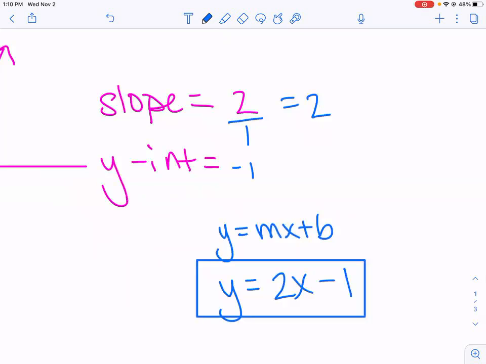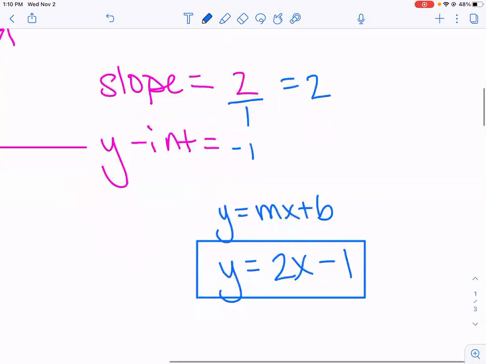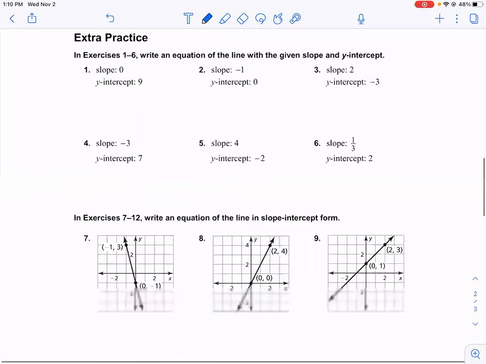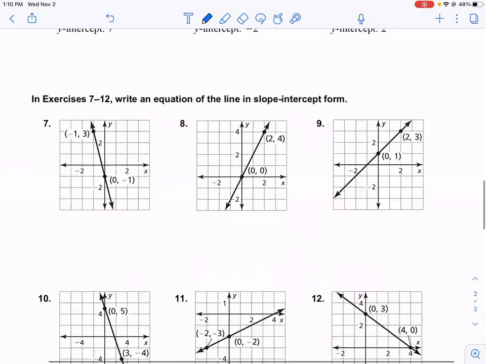Okay, I need you to turn the page. I would like you to figure out the slope-intercept forms for 7, 8, and 9.